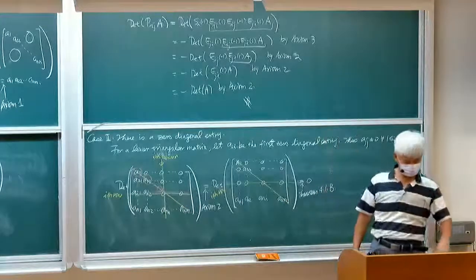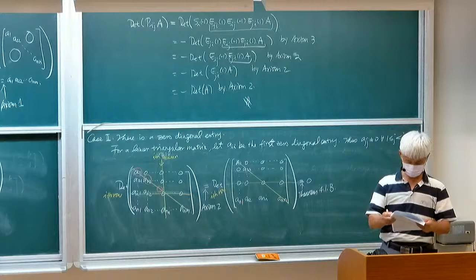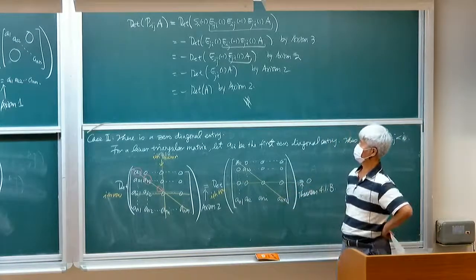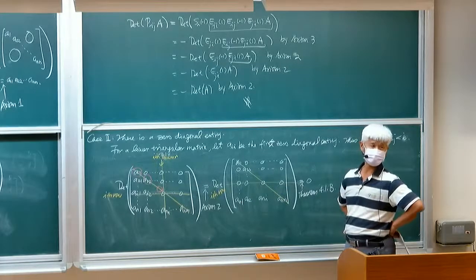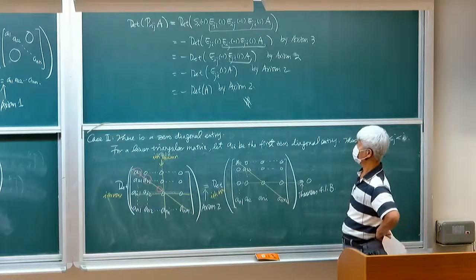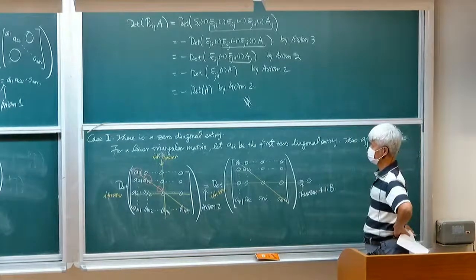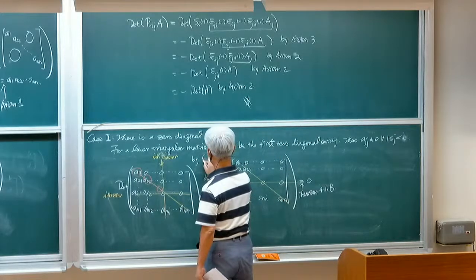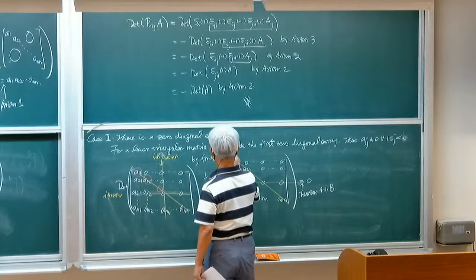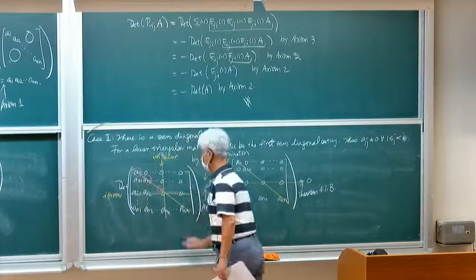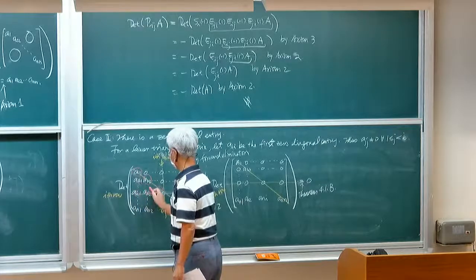You have a 0 row. So it's 0. Questions? So here is by forward elimination. We can eliminate all of them to zeros.